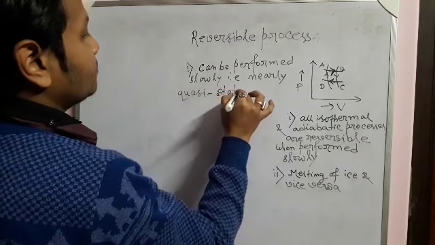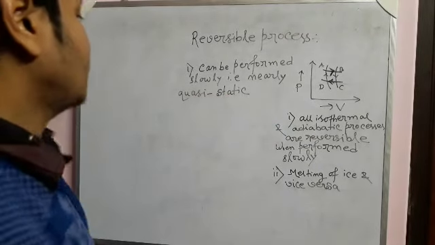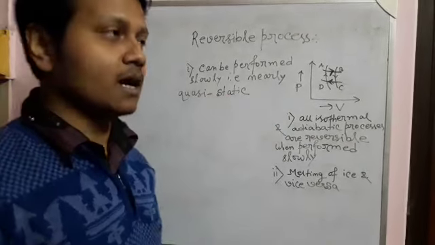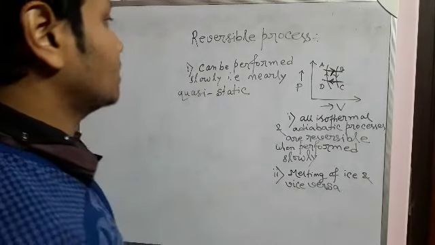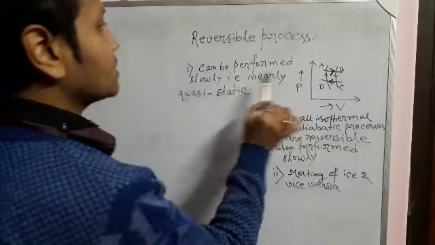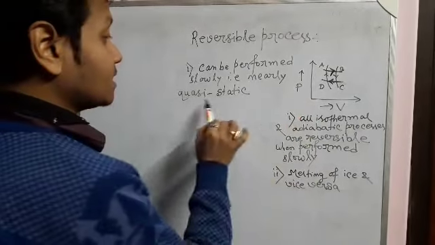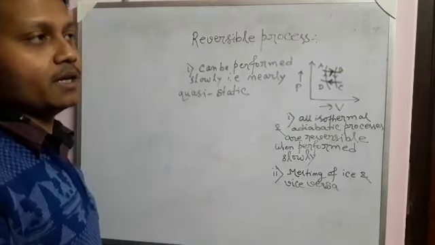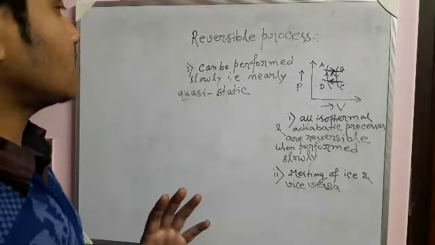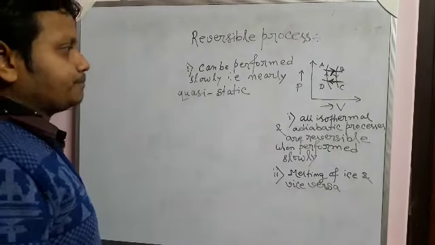Quasi-static, what does it mean? Quasi means nearly and static means equilibrium. That means nearly in equilibrium, each stage is almost in equilibrium with one another. So this process can be performed very slowly, that means it is a quasi-static process. So all the stages or steps are almost in equilibrium.